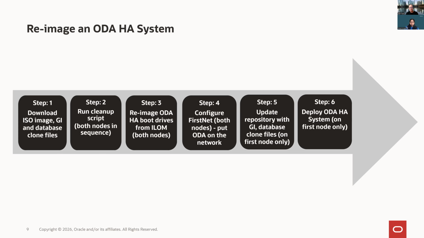In this case, we want to do the redeployment. Then you can SSH into the host systems on the two server nodes and do the update repository. What that does is copy what we call the grid infrastructure and the database clone files back onto the system.